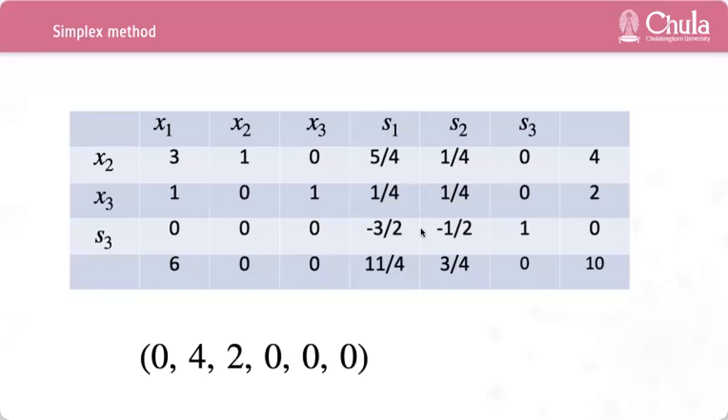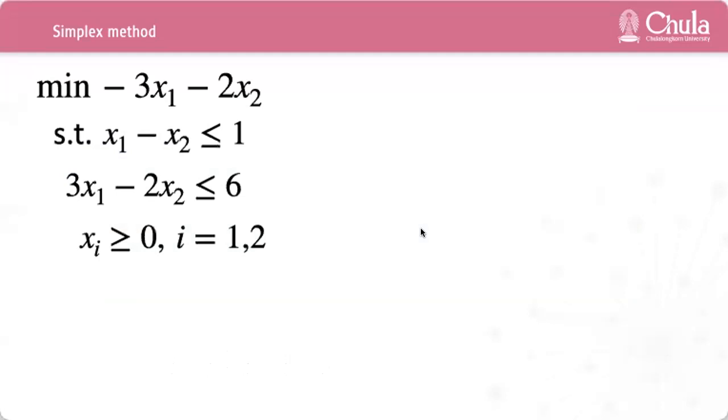You can repeat it by yourself and then check, right? And the next example, we minimize minus 3x1 minus 2x2. At this point, you don't have to change from maximize to minimize because it's already a minimization.